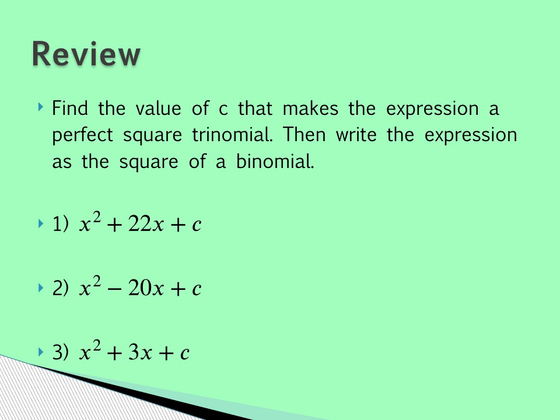You can also think of it this way: if we take the middle term coefficient and divide it by 2, then square it, that should be our C value. And whatever number we're squaring, we're going to use that in the square of a binomial.